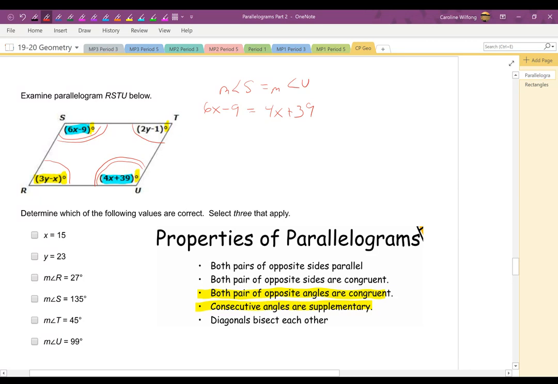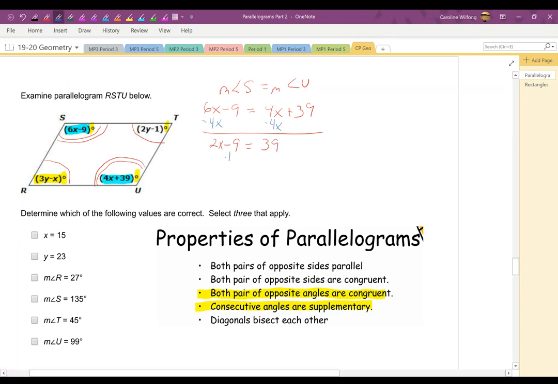So now my geometry part of all this is done as soon as I substituted in the measures that they gave me. So now I'm just going to use my algebra to solve this equation and subtract 4x from both sides because I like bringing the smaller amount of x's to the larger. So that's going to give me 2x minus 9 equals 39.